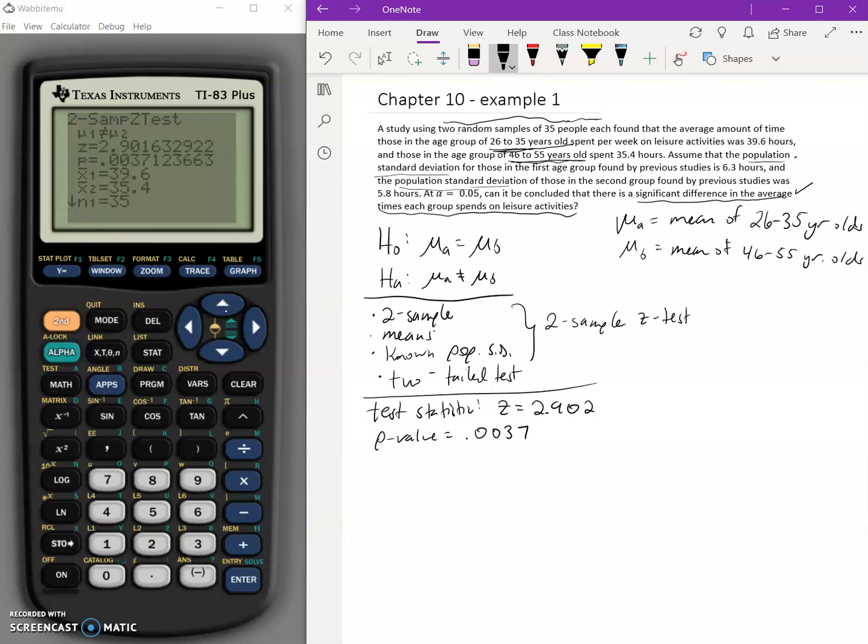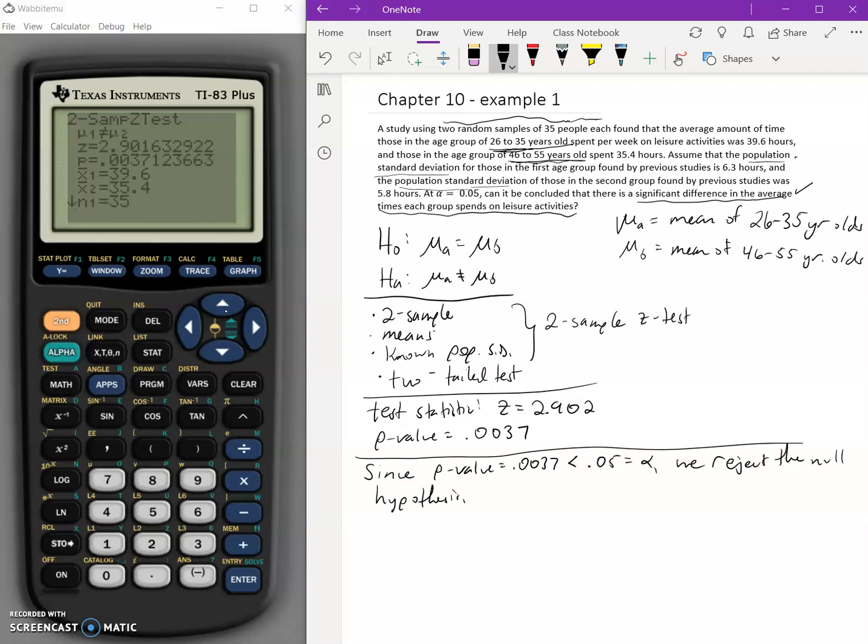Now that we have these, we can finish off our hypothesis testing by comparing the p-value to alpha. Since the p-value is 0.0037, and this is definitely less than 0.05, which is alpha, we reject the null hypothesis.